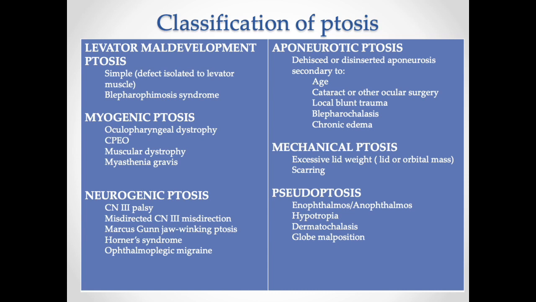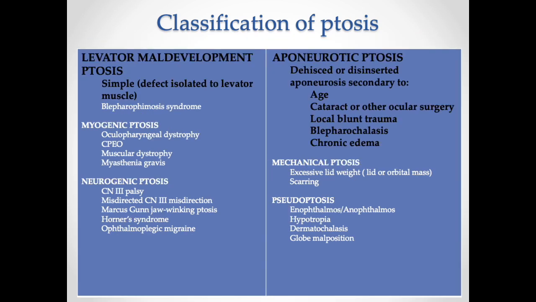And the very common aponeurotic ptosis, which is common in the elderly population, hence the term involutional. Mechanical ptosis, which is caused by eyelid masses and cicatricial causes, and pseudoptosis. But for the purpose of this lecture, since the majority of the cases you will see will be either congenital or acquired aponeurotic, we will focus on these two types.